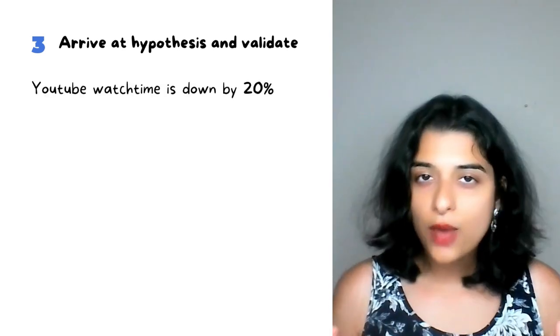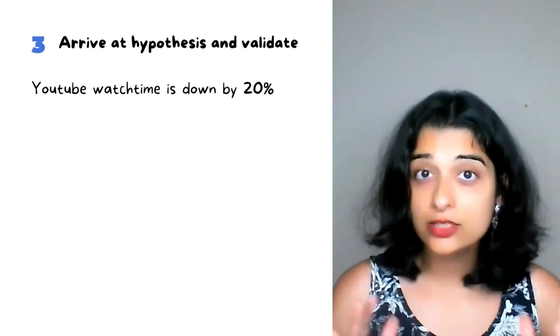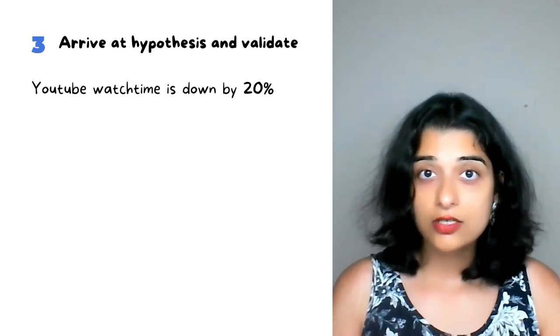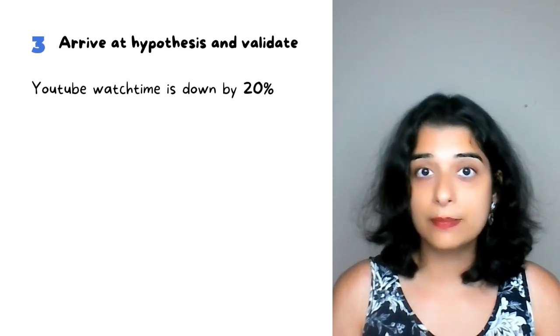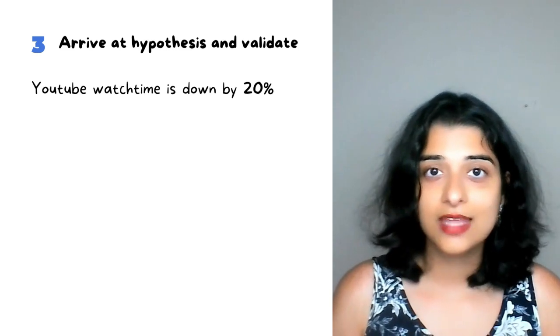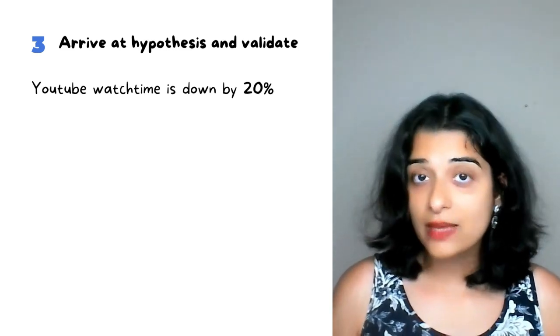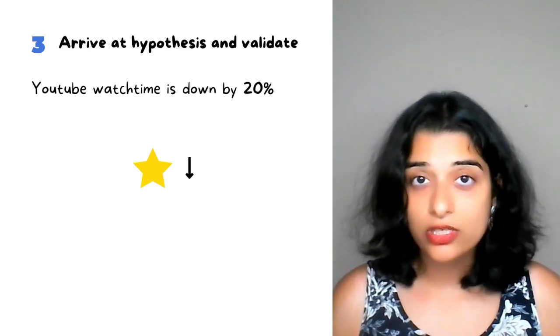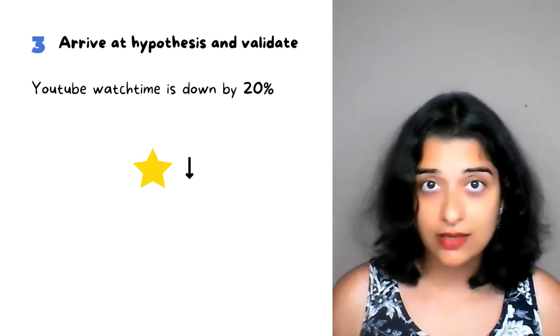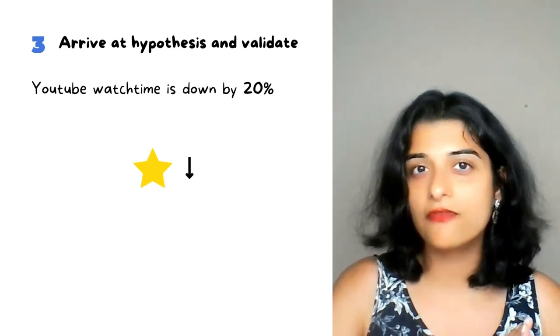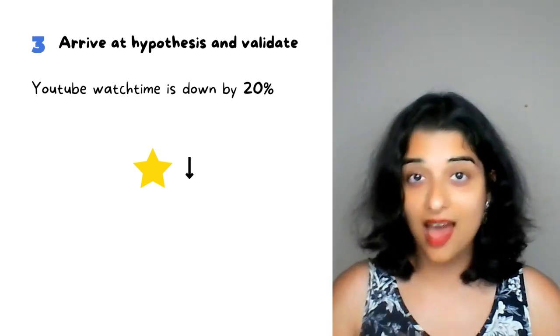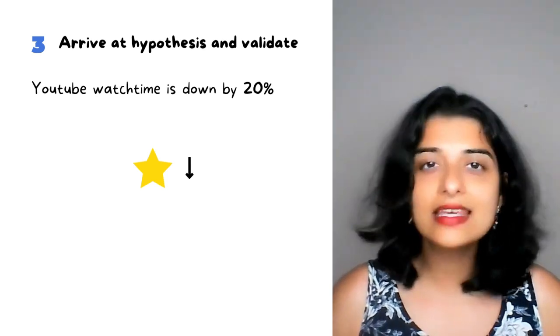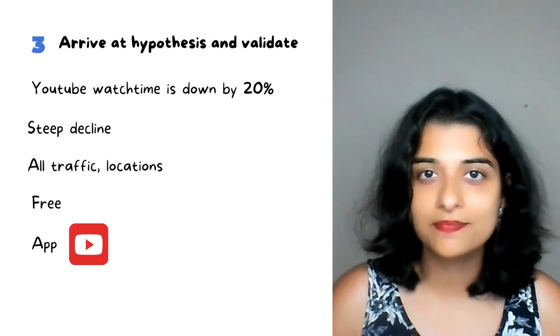What will you do? So if you have followed step 1 and 2 of my framework, so far you would have gotten something like the following. First, watch time is YouTube's North Star metric, and a 20% decline in watch time is a big deal. It's not a good thing. Secondly, if you have followed the series of questions and asked those questions to the interviewer, let's say you got something like the following.